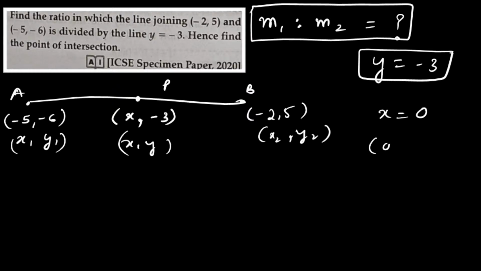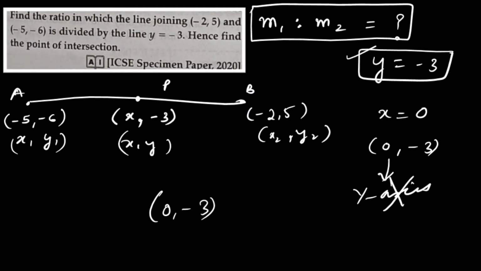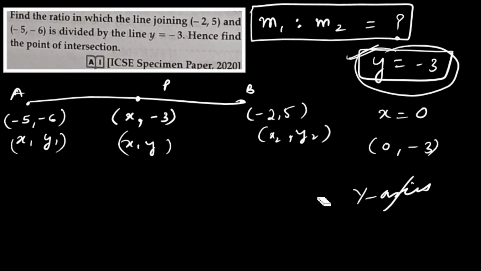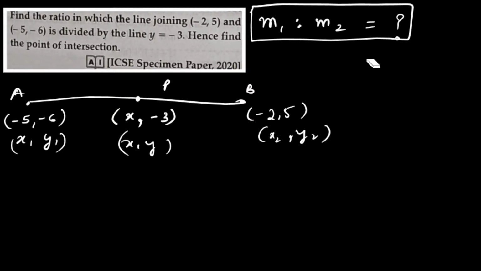Don't write here 0 comma -3, because it's not given to us that it is the y-axis. If it were given to us as the y-axis, the coordinates of P we could write as 0, -3. But it's given to us that the line is y is equal to -3. So if any point lies on this line, we can write it as x comma -3. If it is given as the y-axis, then 0 comma -3, but since y is equal to -3 is given, we write it like this.